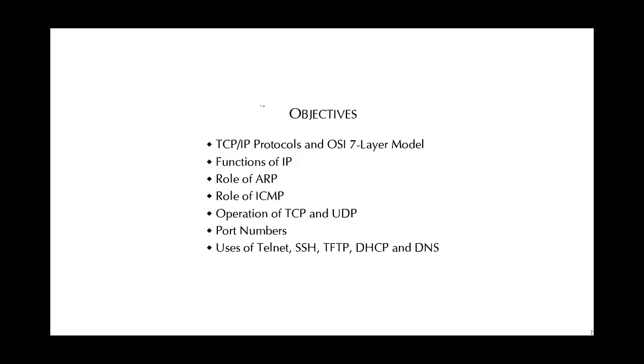And obviously TCP and UDP, very important. And after this module, we should be able to describe the operation of TCP and UDP. And also you should be able to describe the purpose of telnet, SSH, TFTP, DHCP and DNS. And finally, you should understand the role of port numbers in TCP/IP.